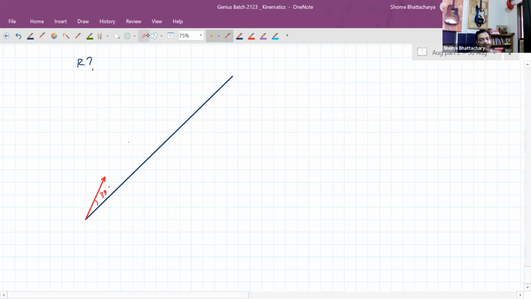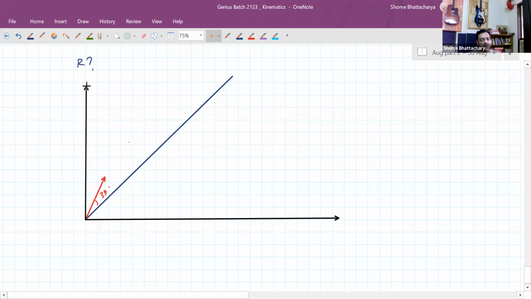Now we will take our standard reference frame with the horizontal as our x-axis and the vertical as our y-axis. This is a parabola, and this is a straight line.